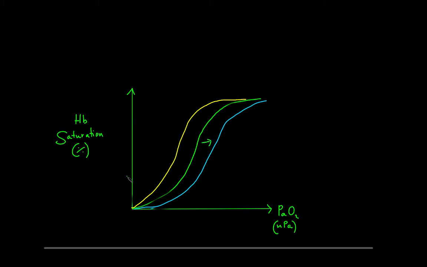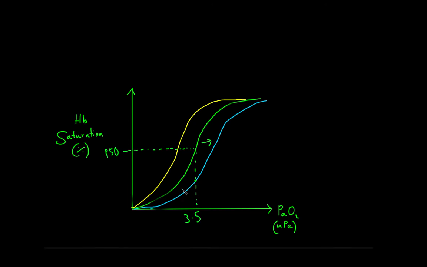Okay, so to use an example, if we take the P50, which is the partial pressure at which hemoglobin is 50% saturated, and we follow that to our normal curve, and say that this partial pressure of oxygen will be 3.5 kilopascals. If we follow this where it hits our blue curve, which is the curve that's shifted to the right, we can see that the hemoglobin saturation is a lot lower.